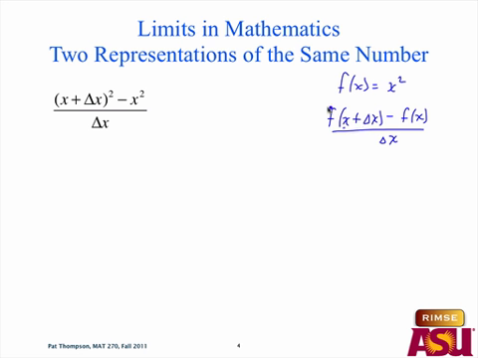So what does this tell us to do? Square the whole thing, right? Square the input. All right, so that's where we get this from. So take the input and square it, and then subtract the original function over delta x.